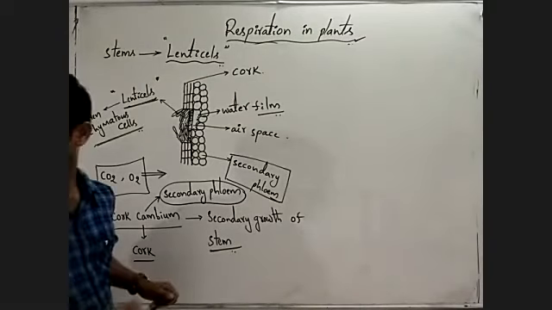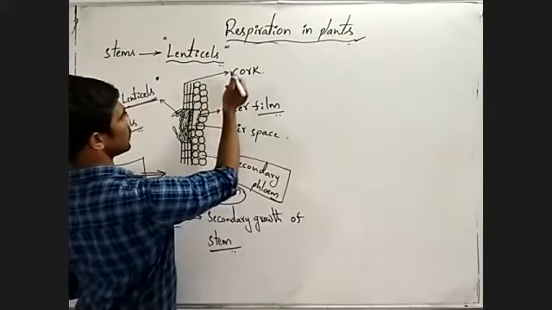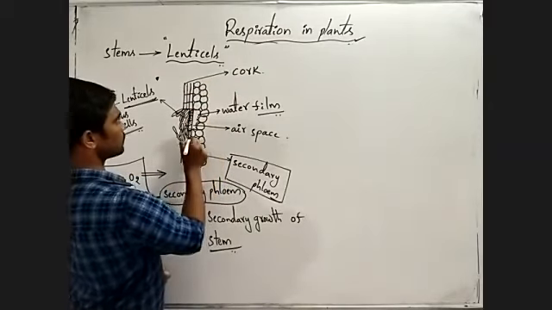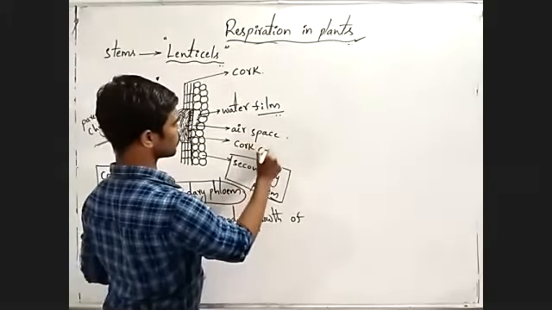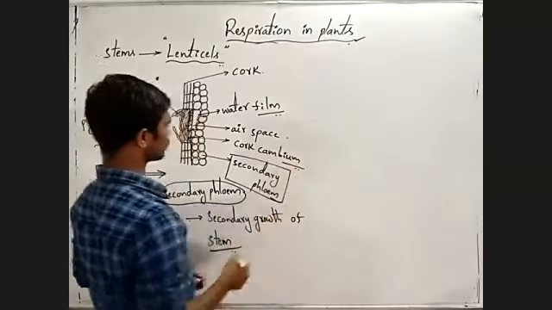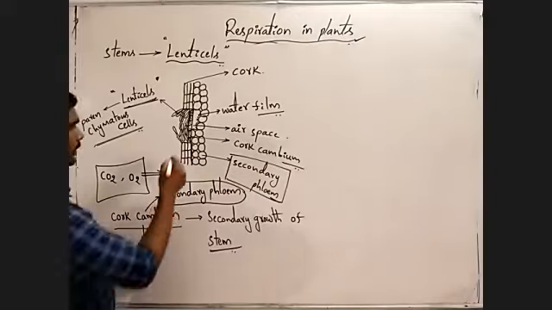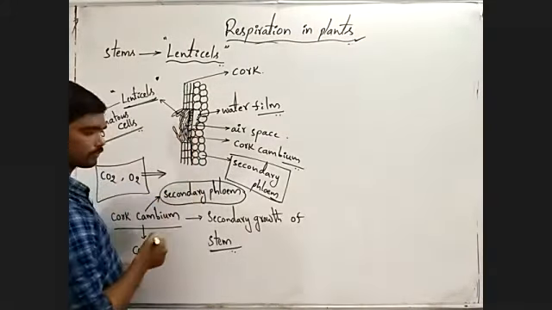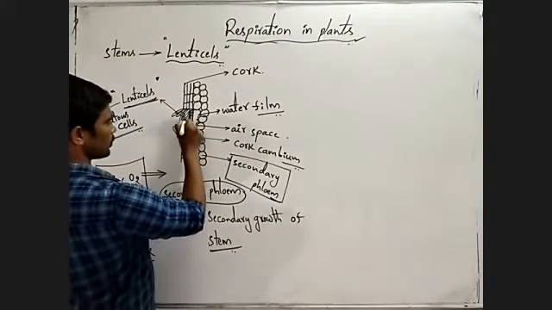Understanding? Next, listen carefully here. This is the cork cambium. Also here and there parenchyma cells are developed. Observe carefully here.